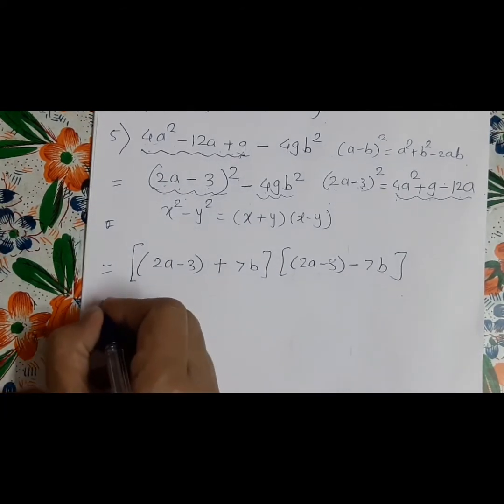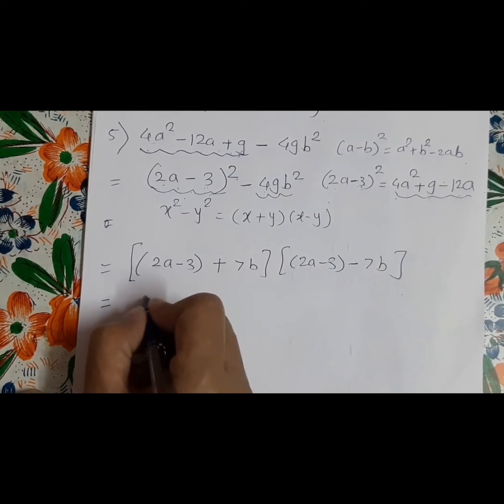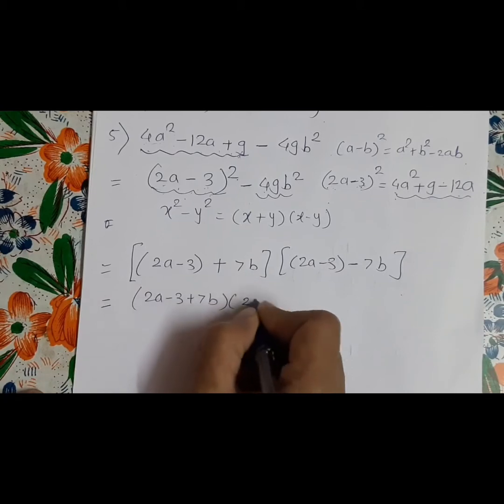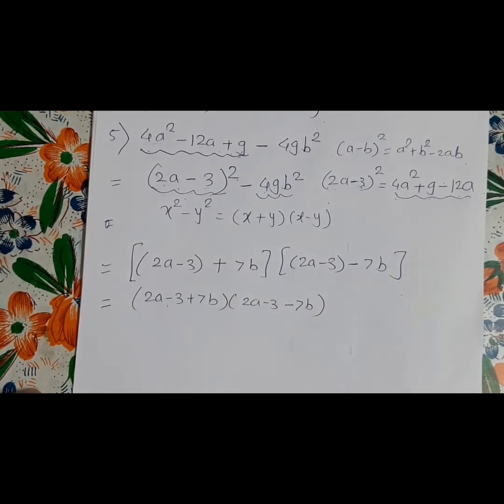Okay, so directly now we can write down the answer is 2a minus 3 plus 7b into 2a minus 3 minus 7b. So these are the two factors of the given algebraic expression.